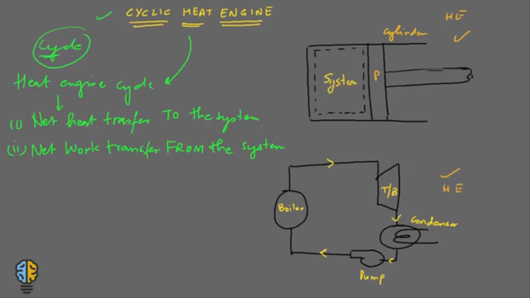In the cyclic heat engine, represented by this diagram, heat, let us say Q1, is transferred to the system, and in effect of this heat transfer, there is some work that is done by the system, and that is WE, that is the gas would expand, so it becomes expansion work, WE.